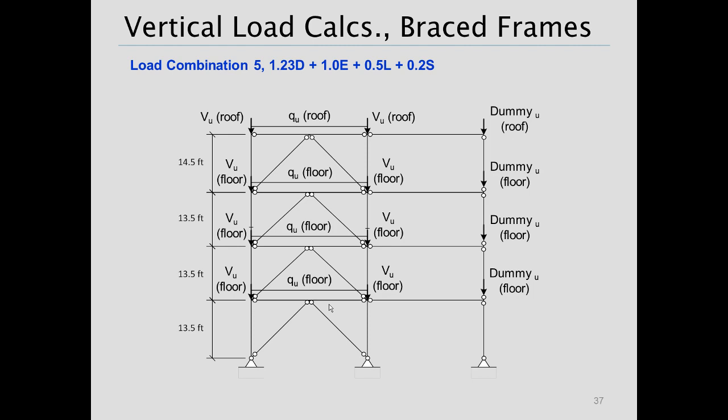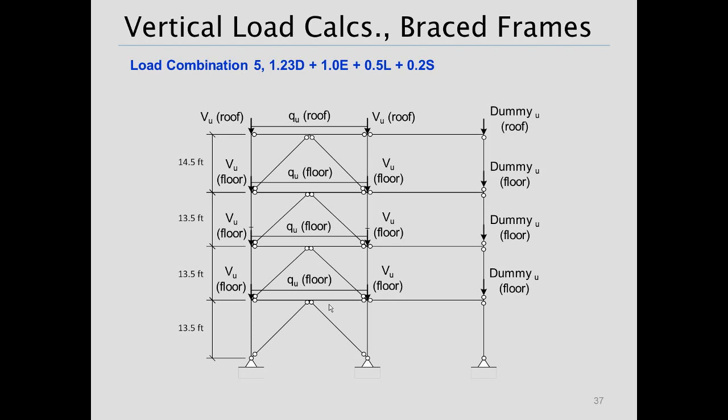You can see I've got a pin shown above and below at each of the levels on the dummy columns. So the dummy columns are not providing any restraint of lateral movement. And then I have a strut that's pinned and tied back to the brace frame, so that's allowing us to get our influence of the overall destabilizing effects from all the other framing in the building on our brace frames.